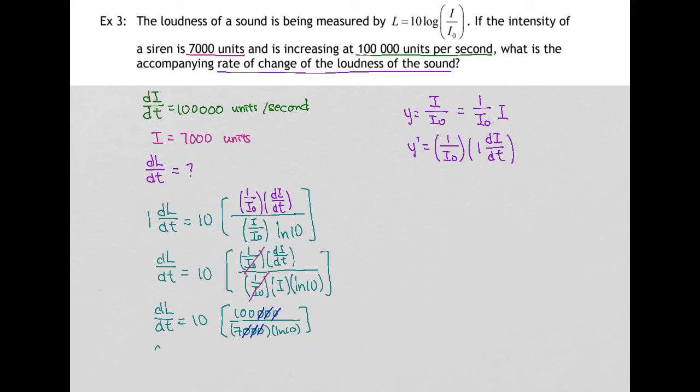Then we're going to get our exact answer: dL over dt equals 1,000 over 7 ln 10. And if you do it on the calculator, you will see dL over dt is approximately 62 decibels per second.